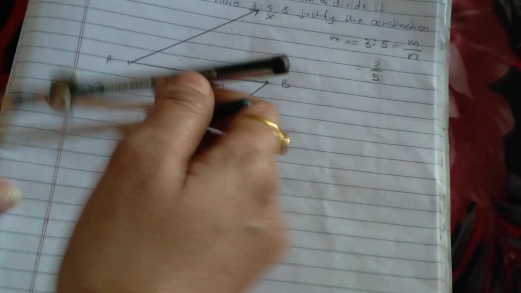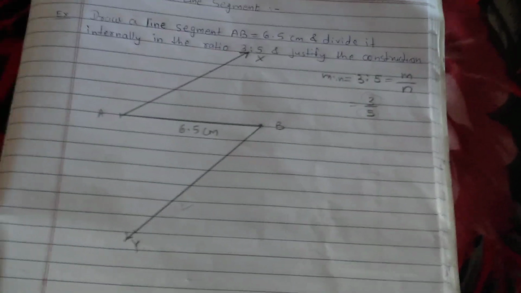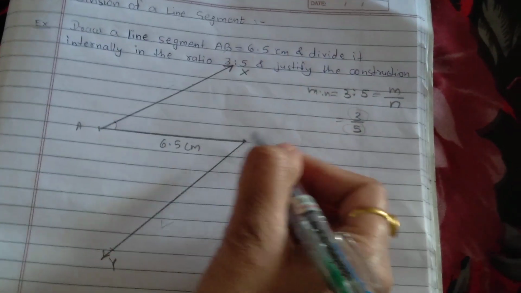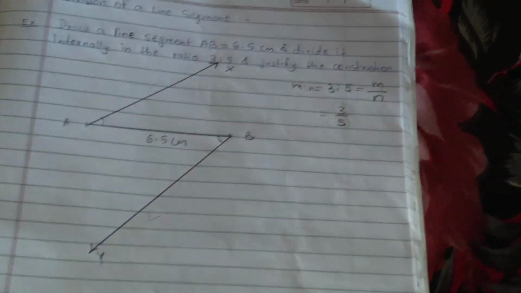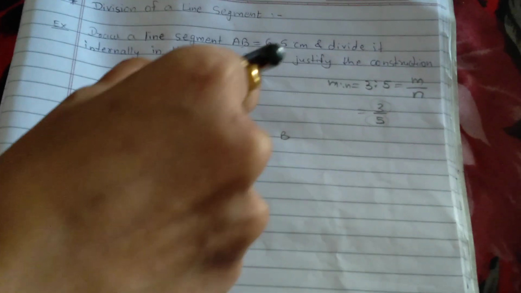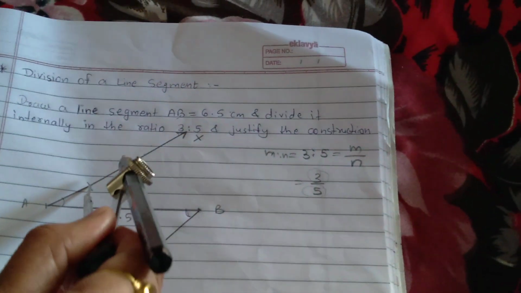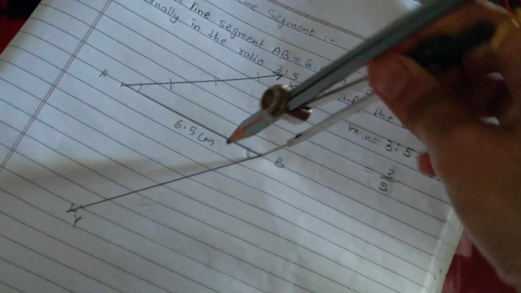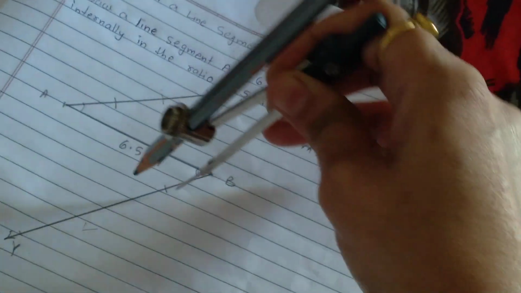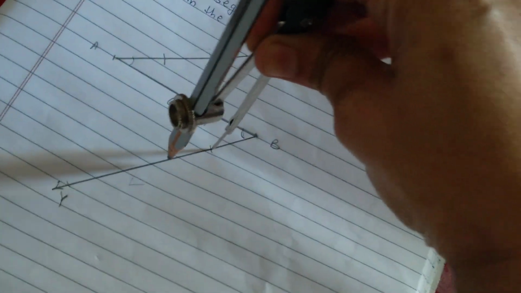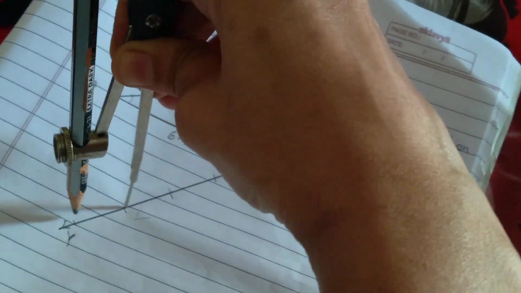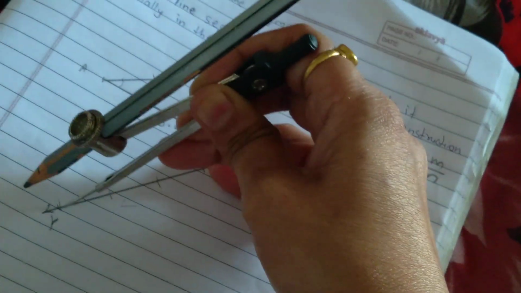Before that, this particular angle, suppose you are taking this as 60, so please take this also as 60. That angle should be equal. Now with the equal measurement, whatever I have taken from the compass, you need to draw the 3 parts. Similarly, how many parts will you draw? As the denominator is 5, I am drawing 5 parts here. 1, 2, 3, 4 and 5.